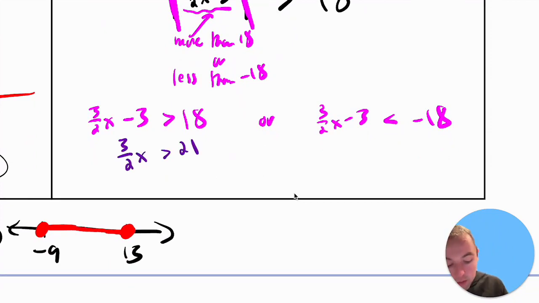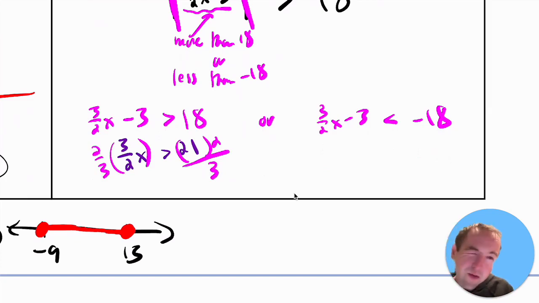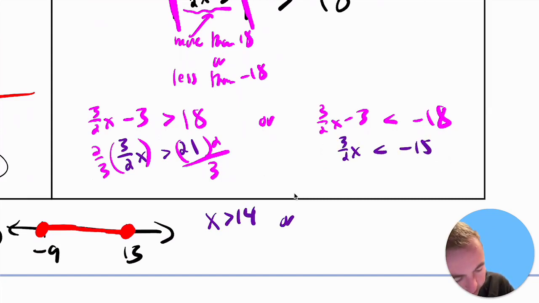Then you'd get 21, and then you would multiply by the 2/3. So 21 times 2 is 42, and 42 divided by 3 is 14. So yeah, we would get x is greater than 14 for that one. And then for the other one, if you add 3 to negative 18, you get negative 15.